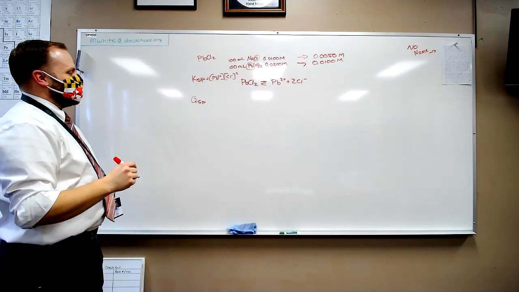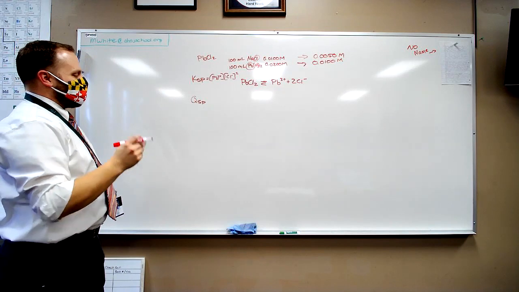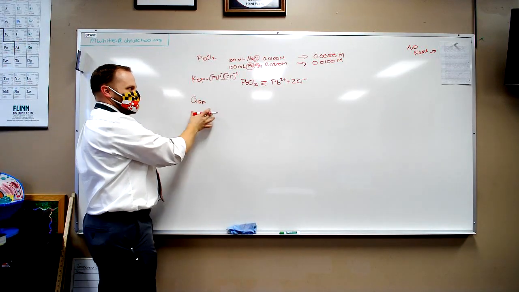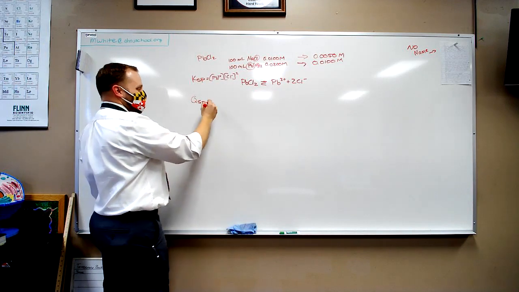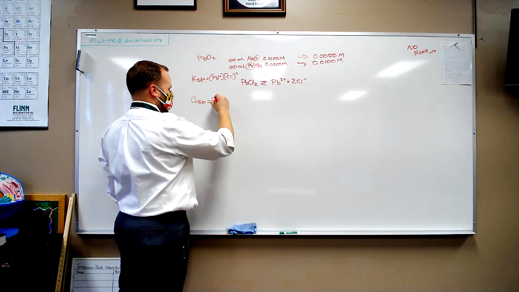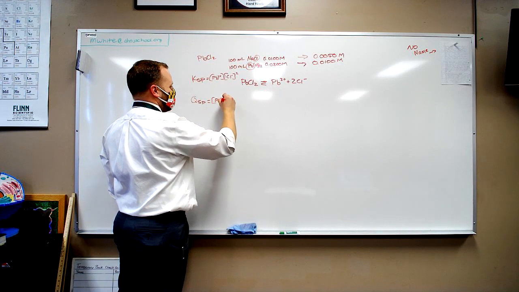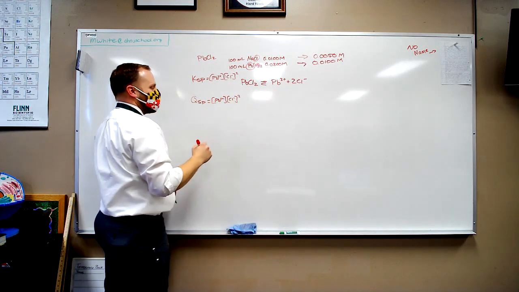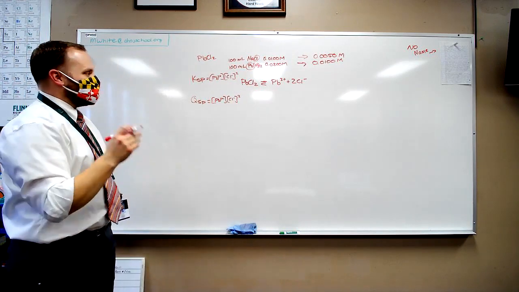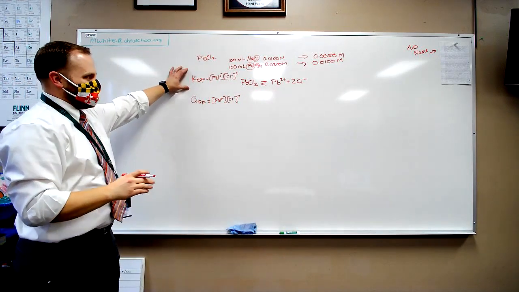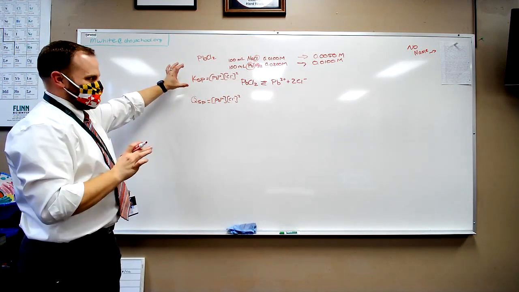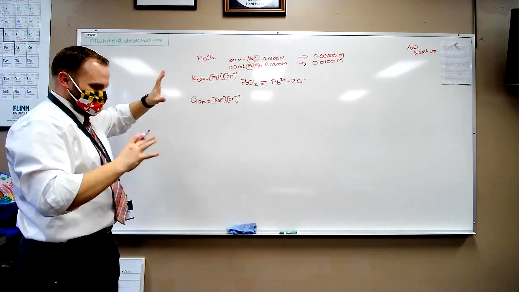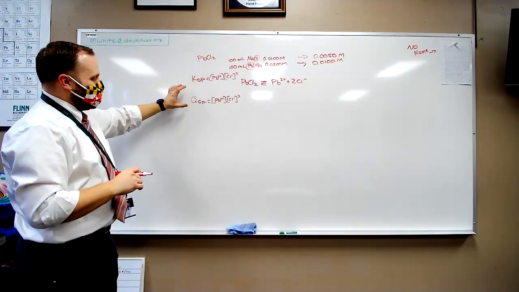Now remember, I said QSP was the same, it was just at a different time. So the QSP is also equal to this. The difference is KSP, like we said, is when everything comes to equilibrium, that's the total concentrations that it can hold.